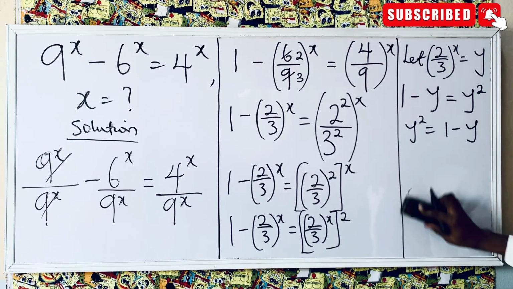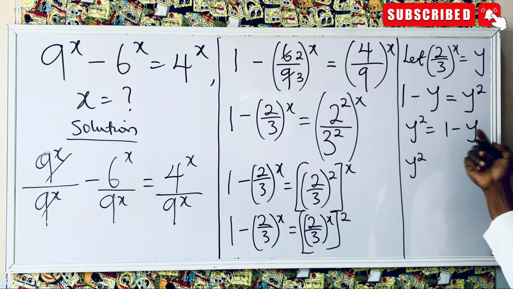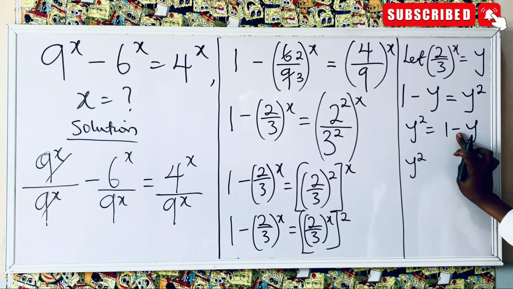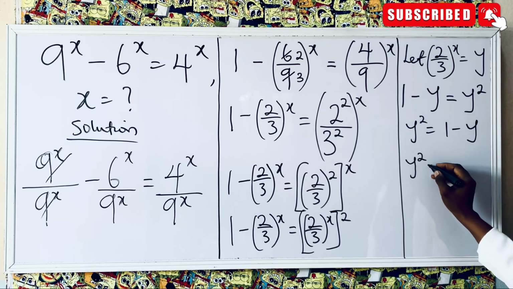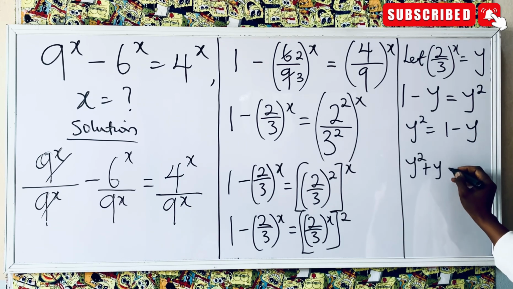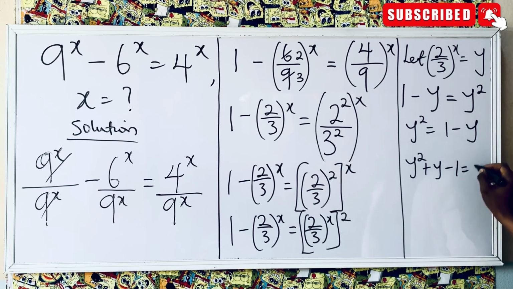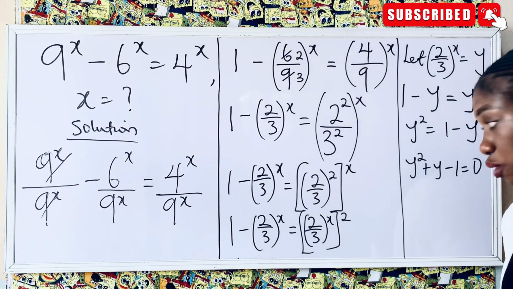So to make it look more beautiful, we have y squared, and gather everything at the left side. So this negative y, add positive y to both sides. So we're going to have positive y here, and then subtract 1 from both sides, and everything here is equal to 0. So did you see what you've got? You have gotten a beautiful quadratic equation.